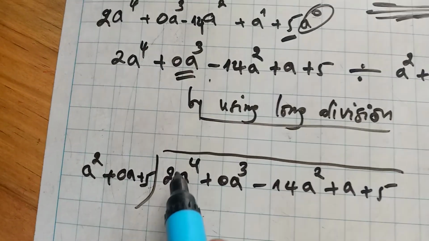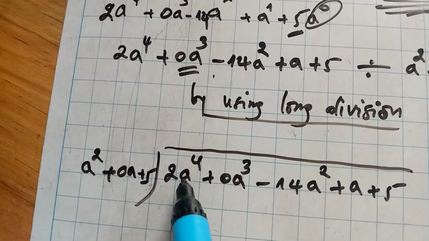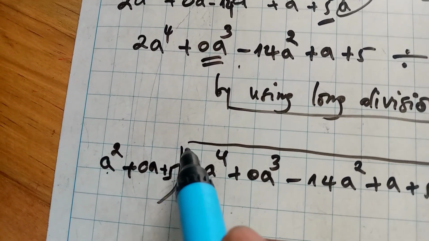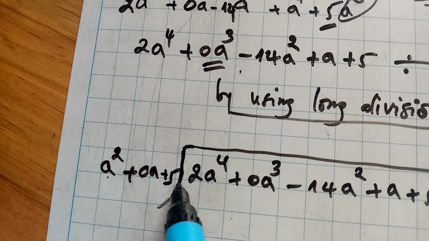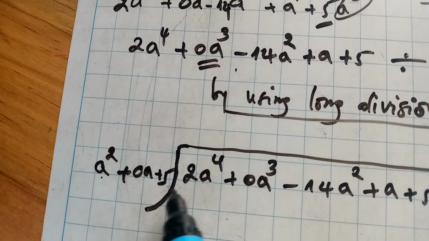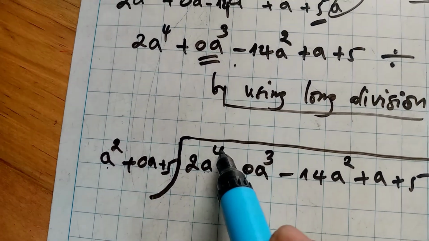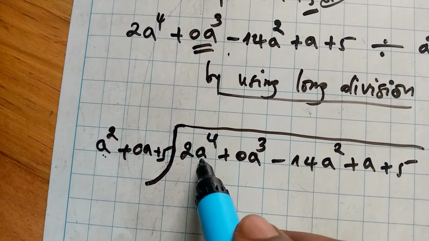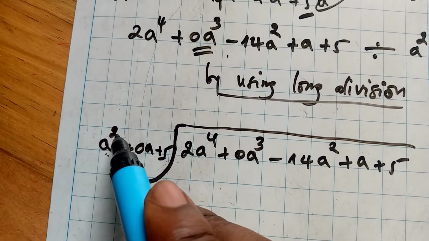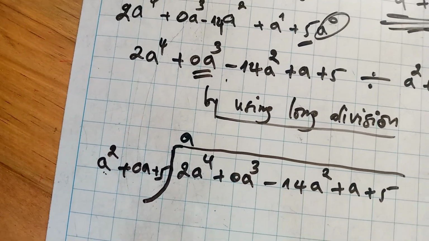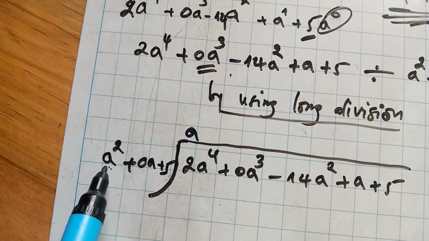Now here we have 2a^4, here we have a^2. We need to find what is going to multiply this a^2 to have 2a^4, right? Since we have a here and a here also with different powers, it is automatically visible that a is going to multiply another a here.